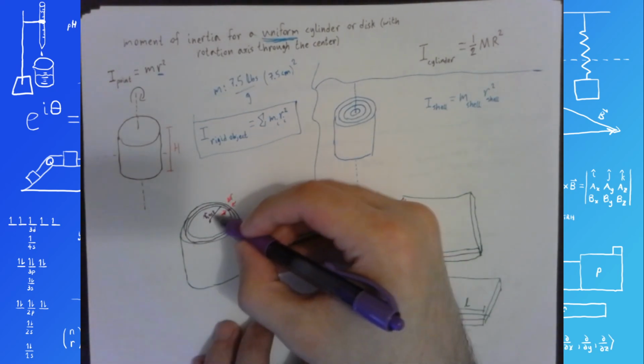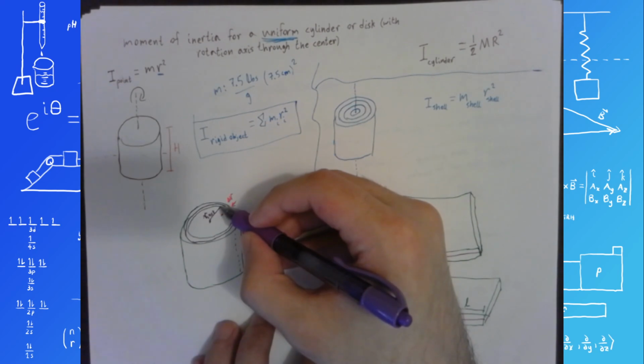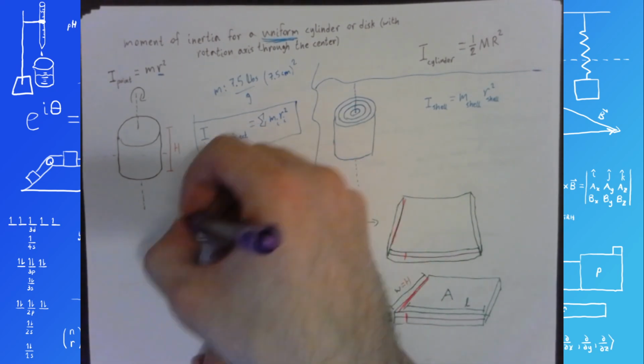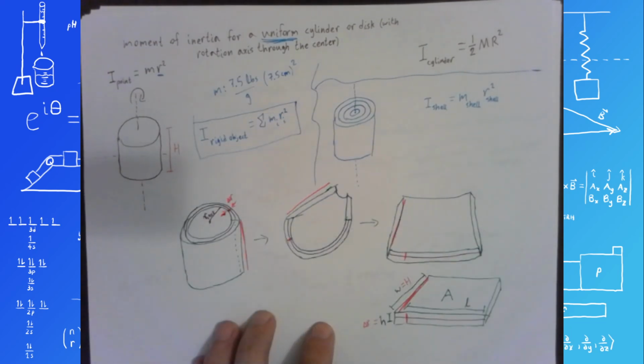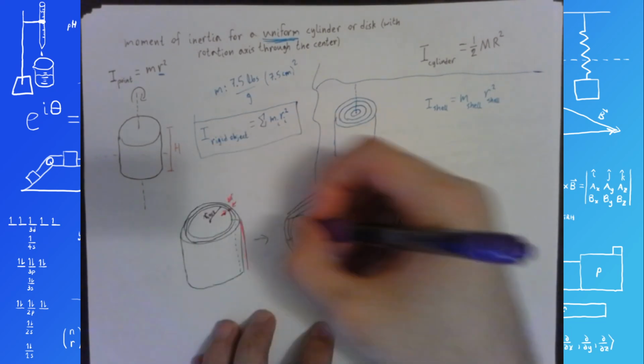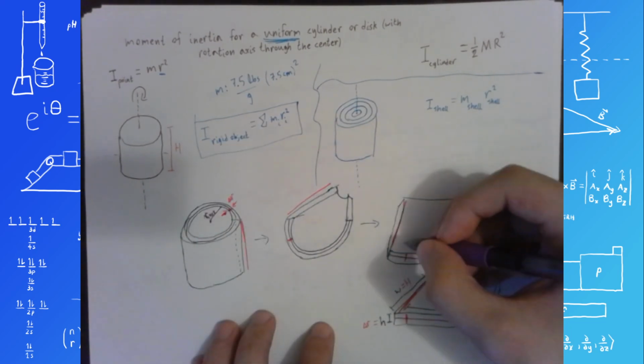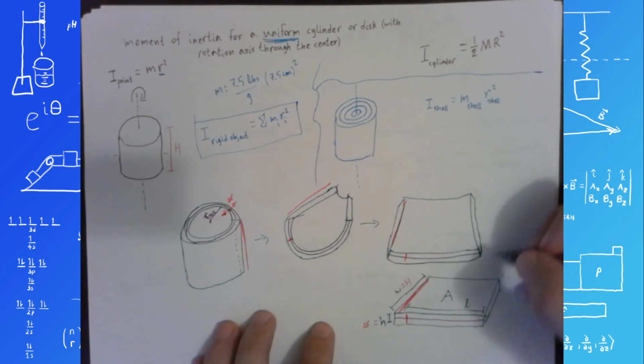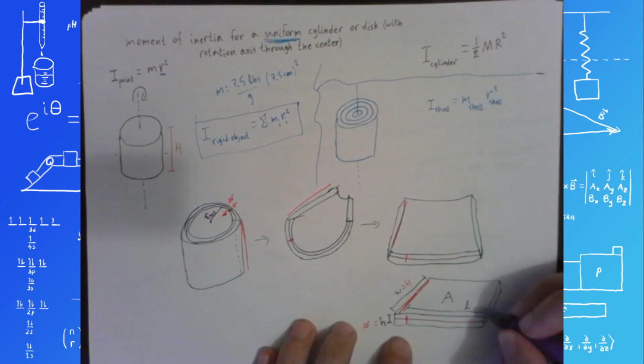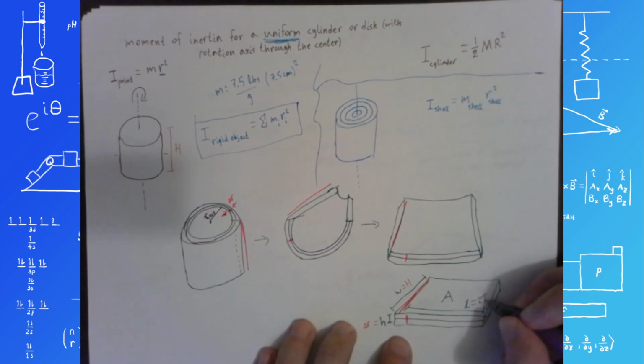If we take that radius, we can just use 2 pi r to calculate the circumference of this shell. And so that 2 pi r unwraps into this, then gets flattened into this. So this length is equal to 2 pi r.